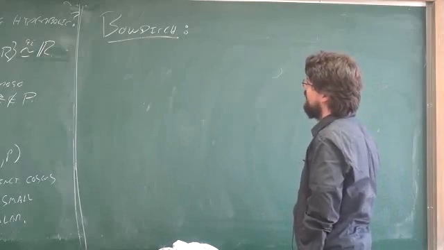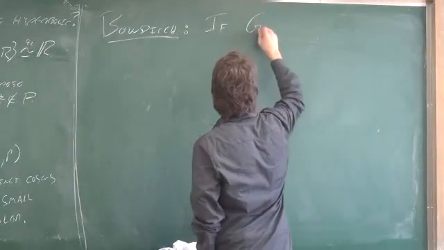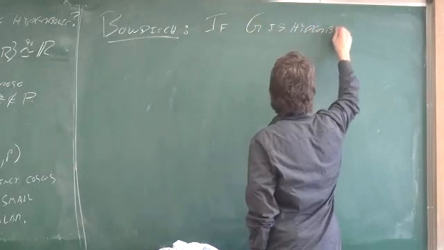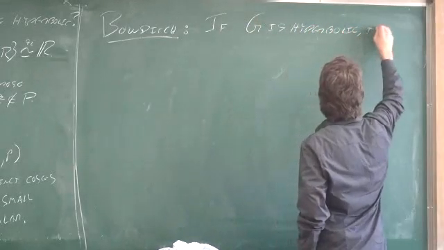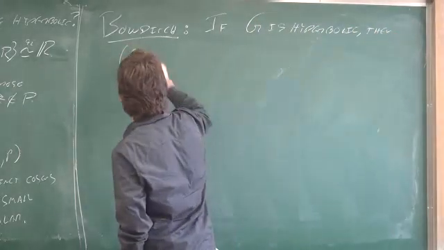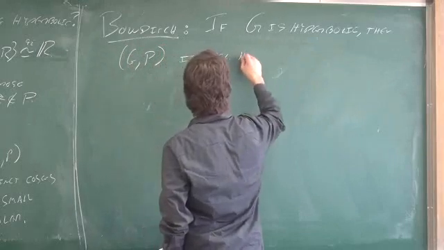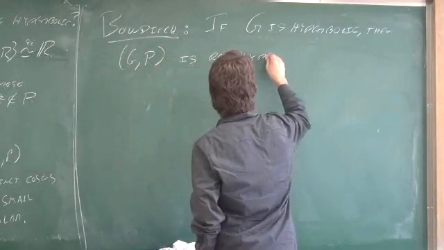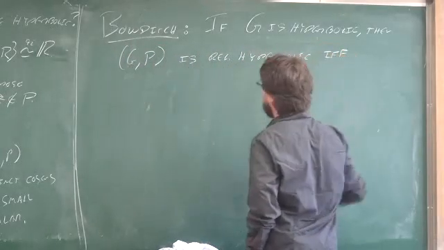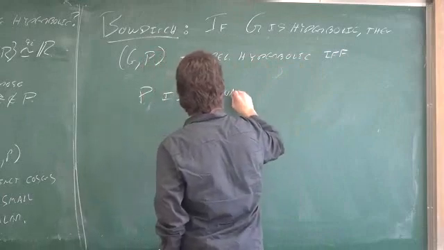Anyway, this result is that if G is hyperbolic, then the pair (G, P) is relatively hyperbolic if and only if P is quasi-convex and malnormal.